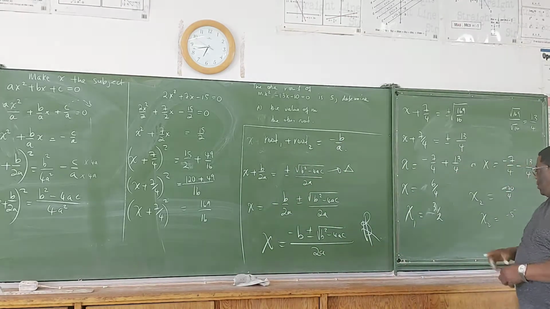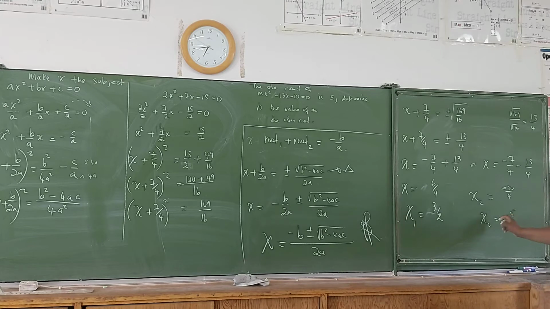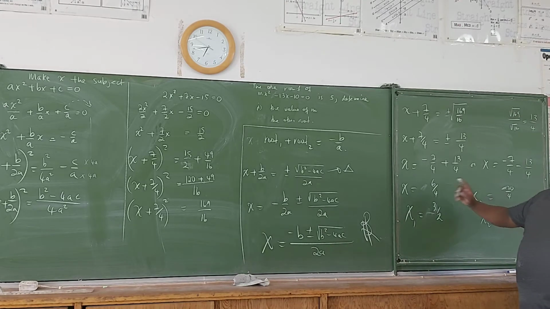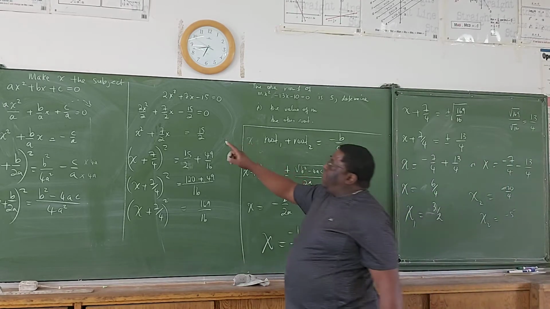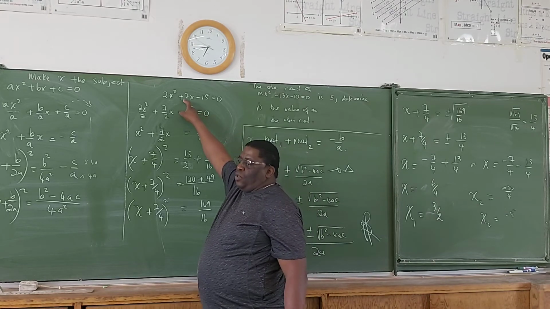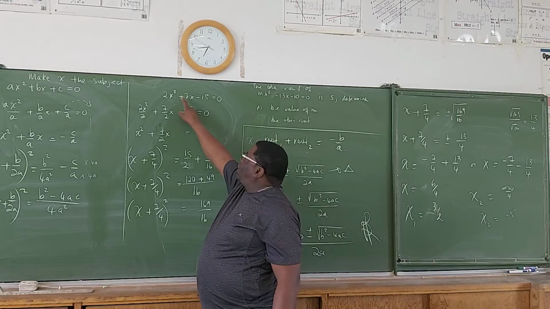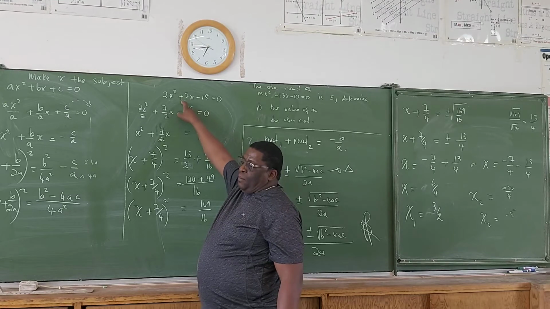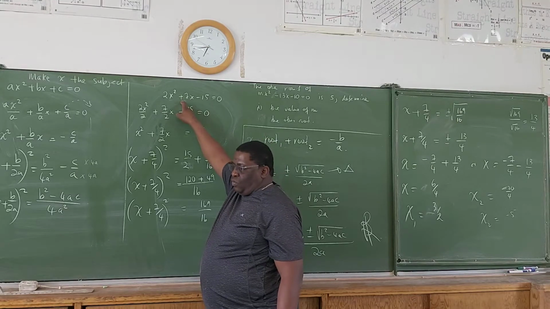Whatever your answers are, if you add these two answers together, it should give you the same value as minus b over 2a. So I expect the answer to be minus 7 over 2.